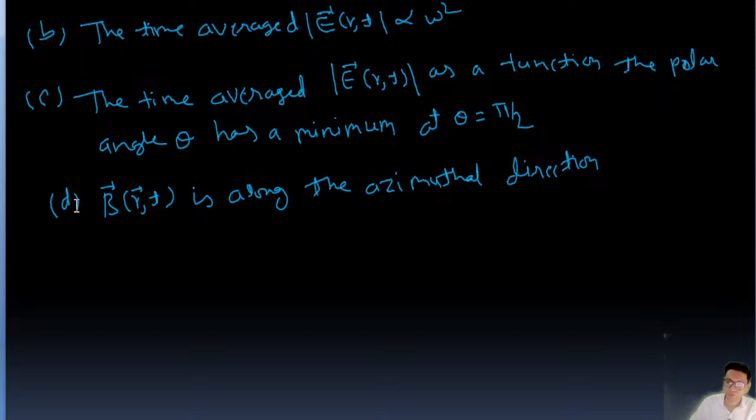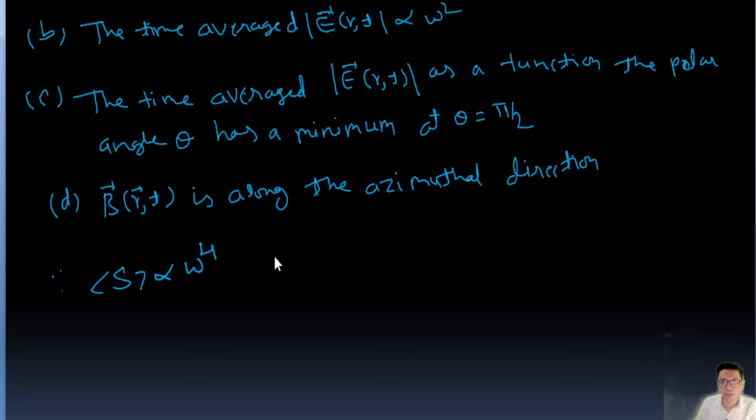So here, since we know the Poynting vector S is proportional to omega to the power 4, that we know.